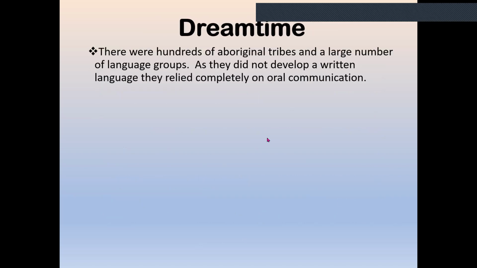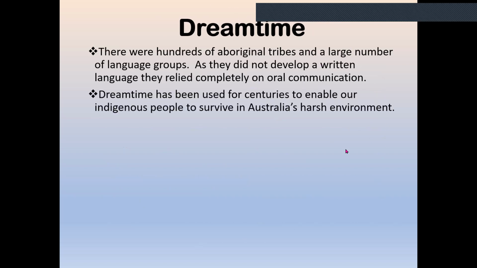There were hundreds of Aboriginal tribes and a large number of language groups, hundreds of them. They didn't develop any written language, and they relied completely on oral communication, which brings us to the idea of dream time. And it was used for many, many centuries to enable them to survive.